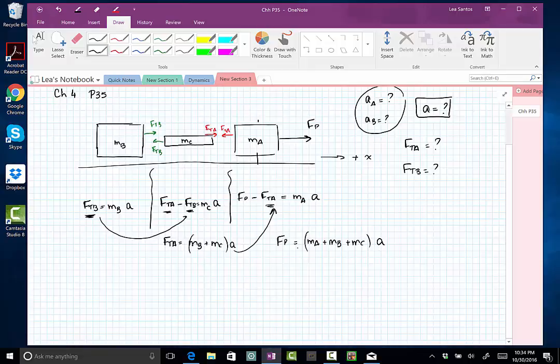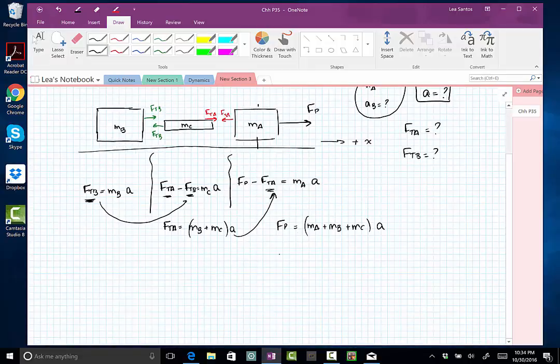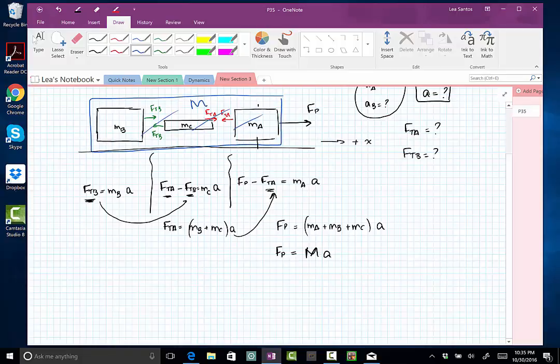So you see that this equation is basically, I could write it as FP equals big mass M times a. What is this big mass? The mass of the whole system here. So this whole system, I could call it a big object M. Okay. All right, so from this equation here, since I have all the masses, since I have the force that I'm using to pull, I can find the acceleration.